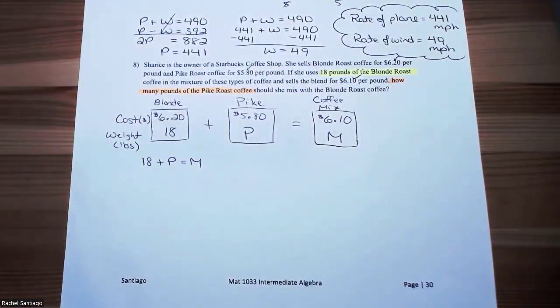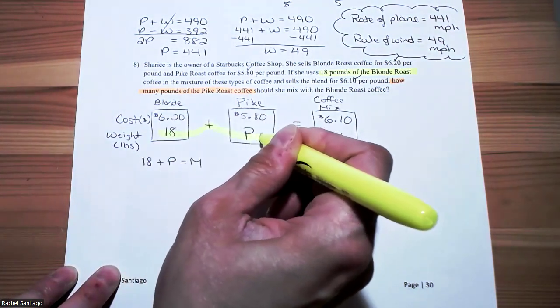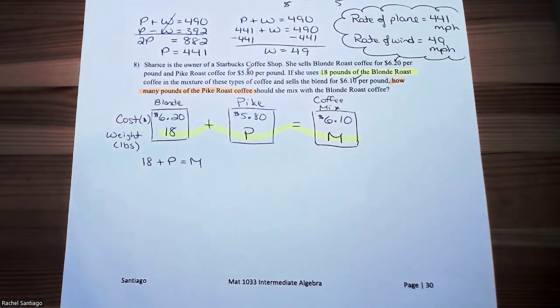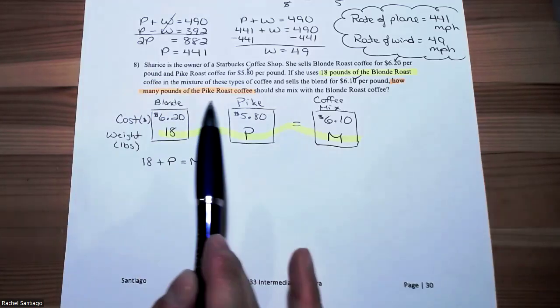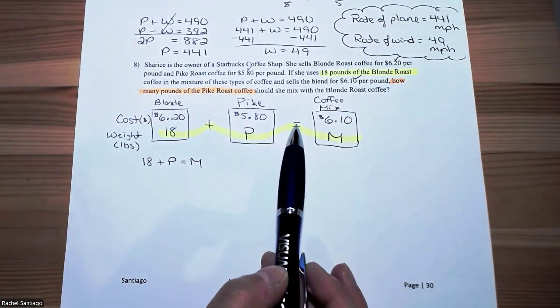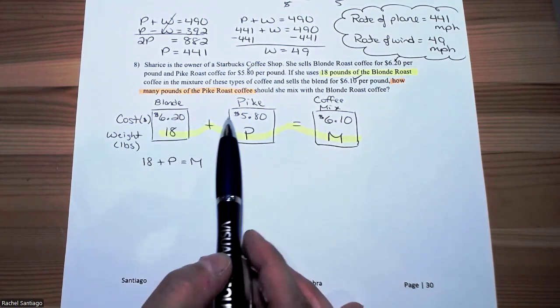I'm going to highlight straight across as a reminder that this equation deals with weight. Weight plus weight equals total weight. It would not make sense to say 620 plus 580 equals 610 because that's simply not true. Additionally, there are no variables here.